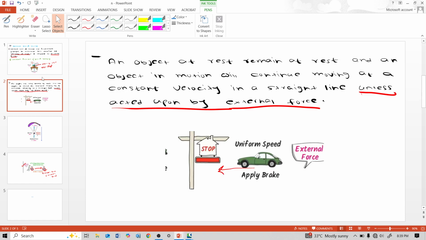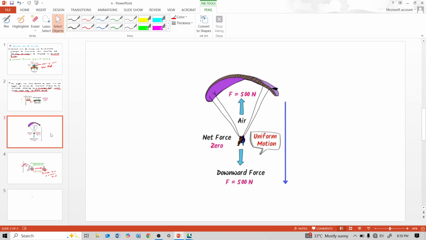So this is Newton's first law. An object at rest remains at rest, an object in motion will continue moving at a constant velocity in a straight line. See this, in a straight line, this phrase is also important, until and unless some external force acts on it.